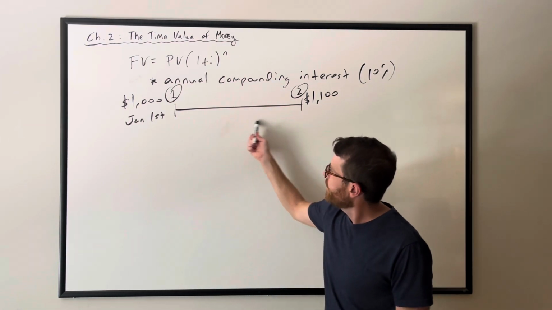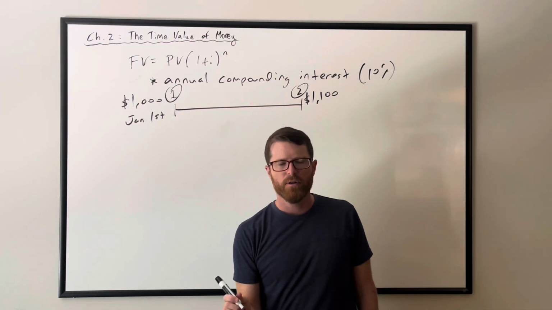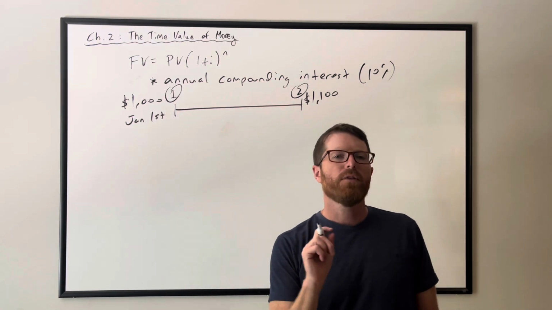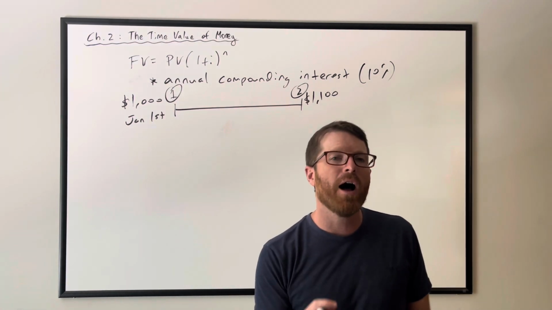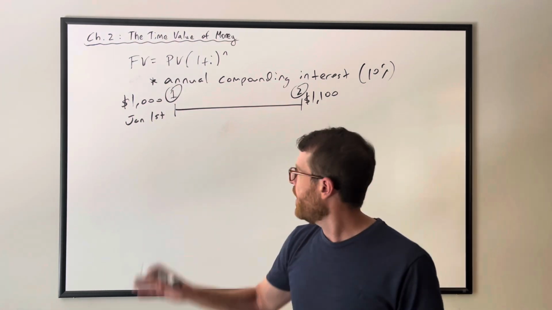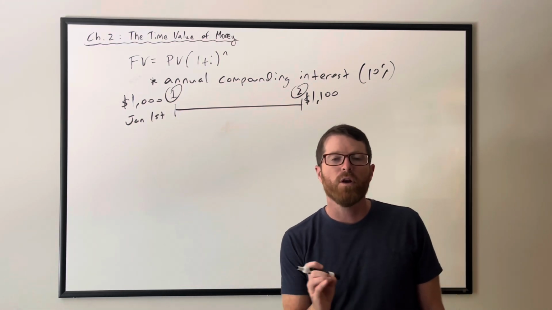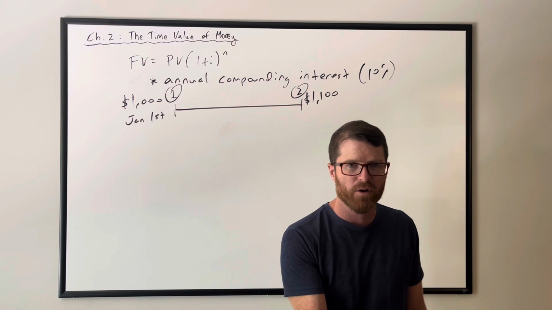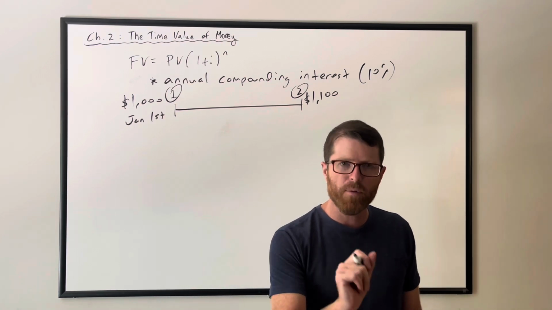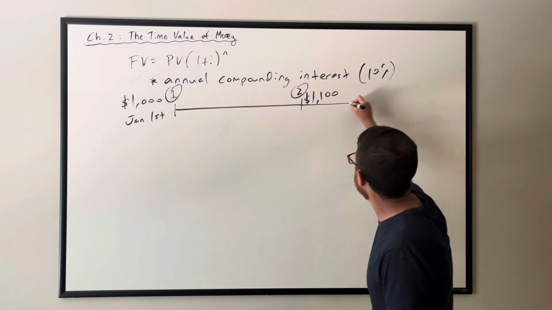During this year, the interest has not compounded. What that means is the interest has not grown on top of the interest. Whoever has been setting up this account is not considering your interest when deciding how much interest to put into your account, okay? I think this will make more sense once we go one more year into the future.